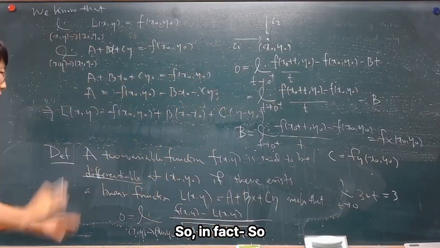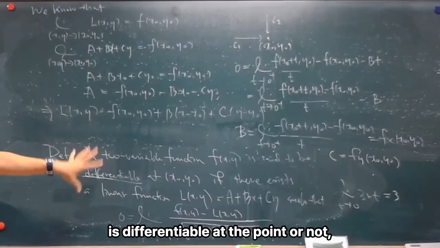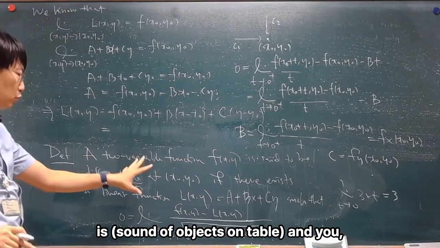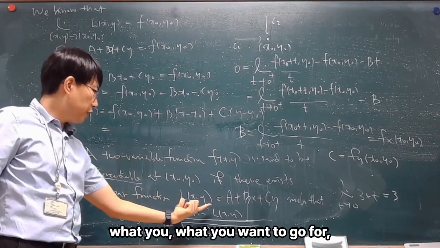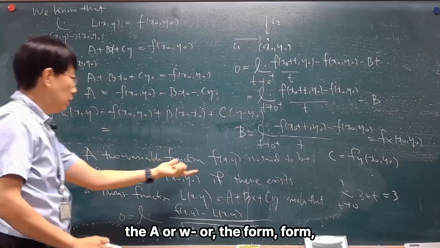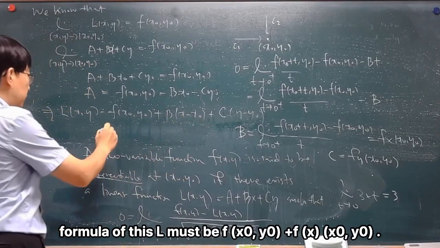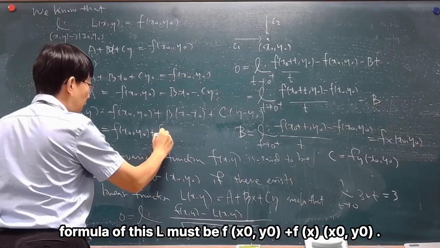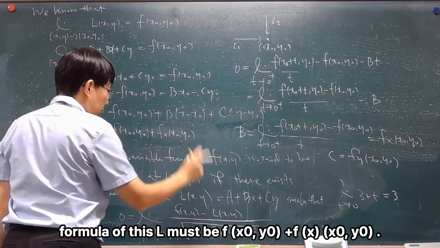So whenever you want to check whether a function is differentiable at a point or not, the linear function L must be f(x0, y0) plus f_x(x0, y0) times (x minus x0) plus f_y(x0, y0) times (y minus y0).